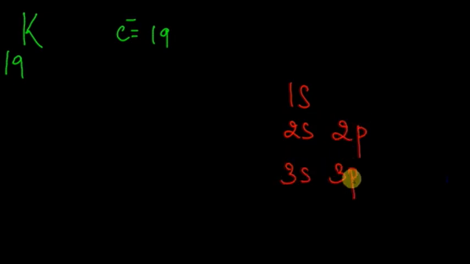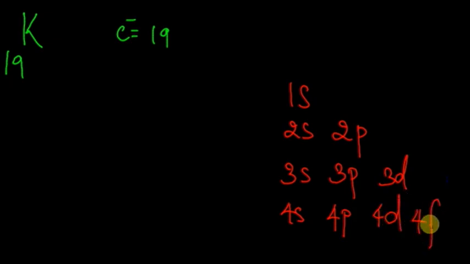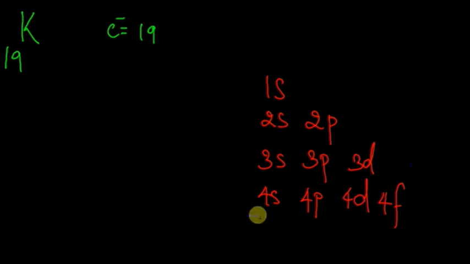Then we have 3s, 3p, 3d, and 4s, 4p, 4d, and 4f. Now this is enough for potassium, and we know that the s orbital can take 2 electrons, p can take 6, d can take 10 electrons, and f can take 14 electrons.